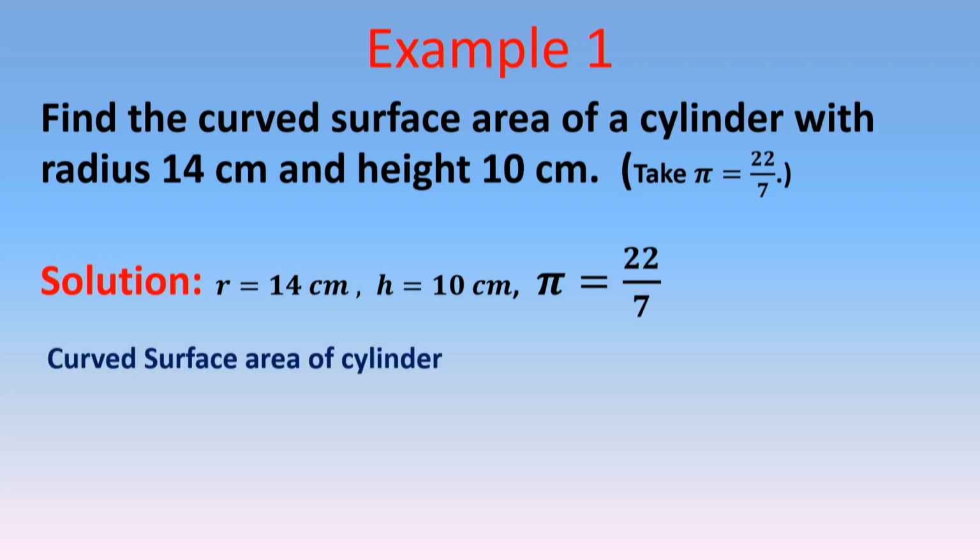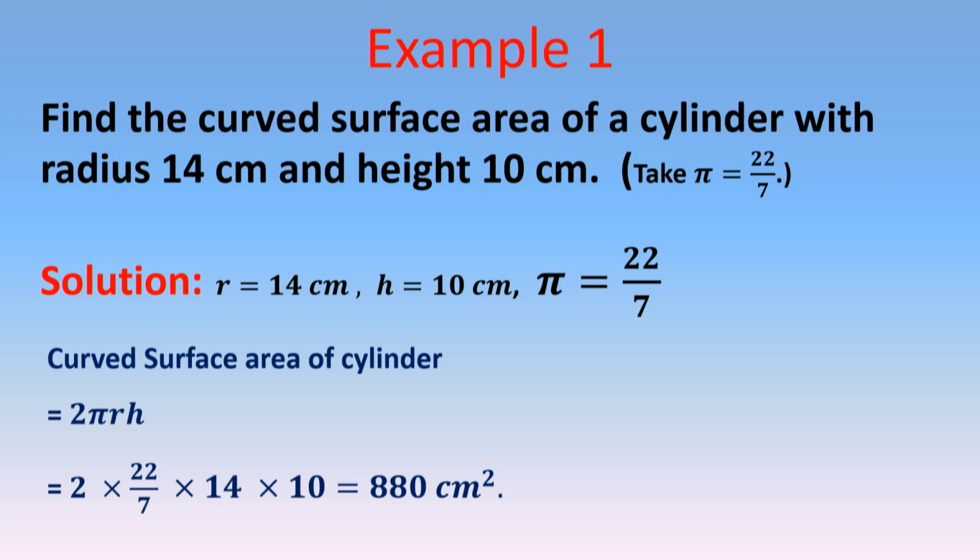Now the curved surface area of the cylinder will be given by 2 pi r h. I will replace the values of r, h and pi in the formula. So I have 2 times 22/7 times 14 times 10. And this is equal to 880 centimeter square. So the curved surface area of the cylinder is 880 centimeter square.